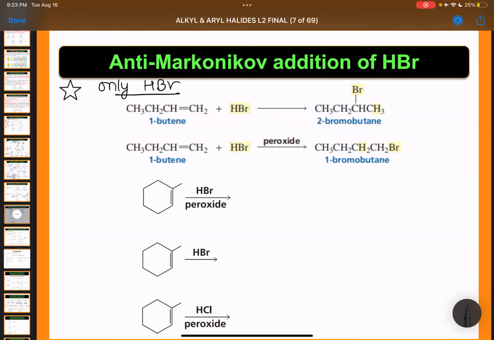Only HBr can show anti-Markovnikov addition. Clear? Yes, sir. And that too in the presence of peroxide.